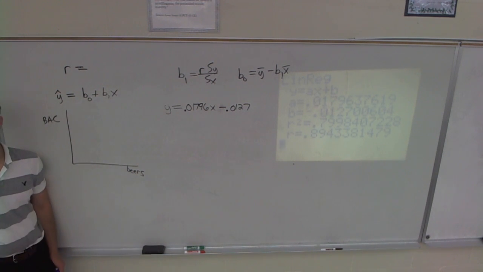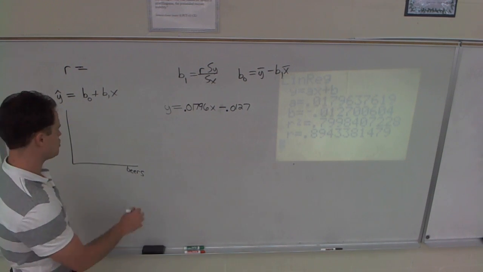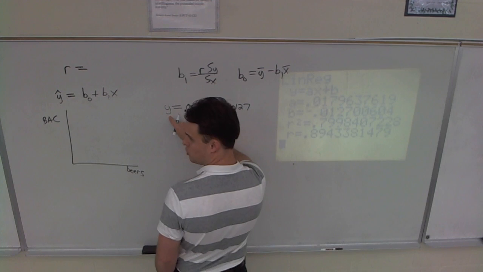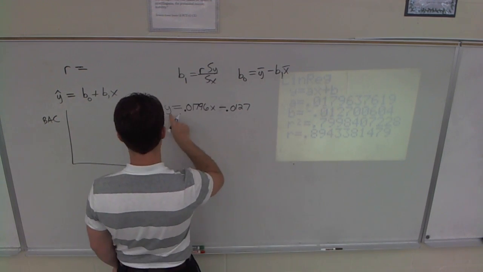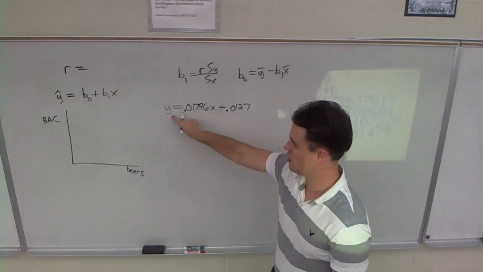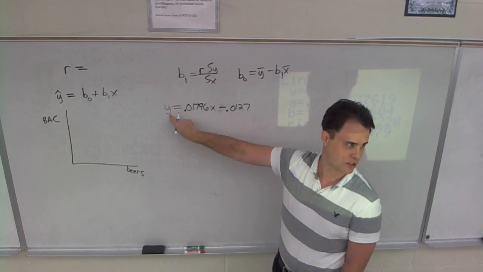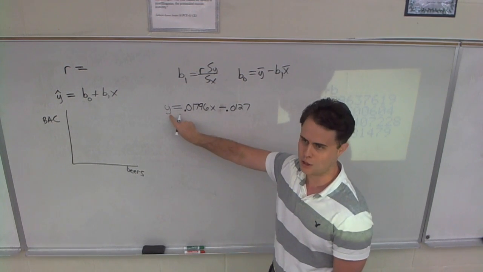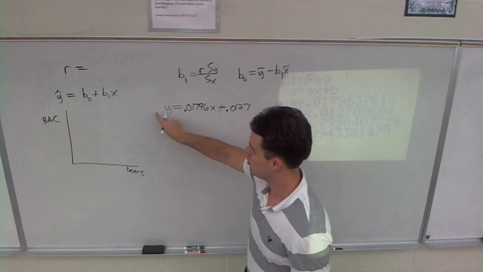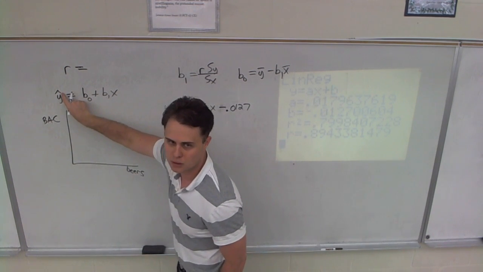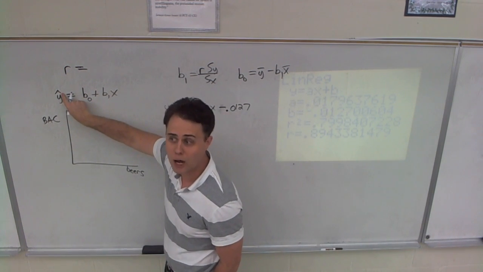That's always my cheater. I always go back and look at my scatter plot. If it's labeled, it'll help you out. So what should I put here? Instead of y, I should put blood alcohol content. And this isn't the real y, is it? Is this the actual y that explains every possible variation in blood alcohol content? That's why this symbol's on it. That means approximate or model.